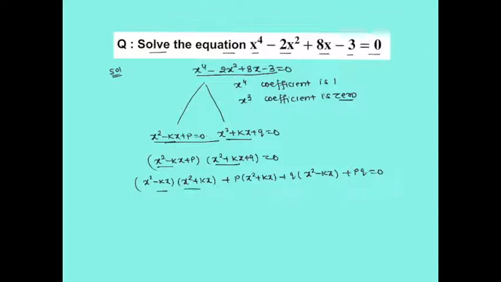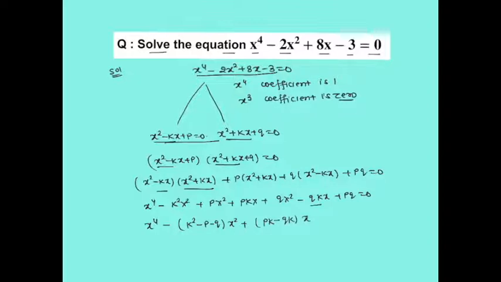Now if I multiply this, we get x^4 - k^2x^2 + px^2 + pkx + qx^2 - qkx + pq = 0. Now we can write this as x^4 - (k^2 - p - q)x^2 + (pk - qk)x + pq = 0.